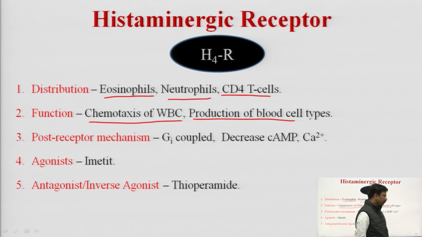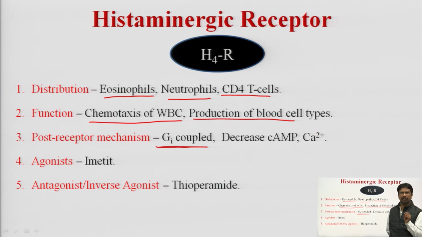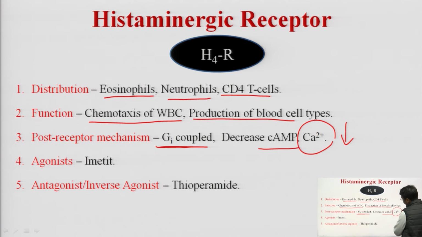What is the mechanism of action? Here the inhibitory Gi protein is responsible for the post receptor mechanism, and it decreases cAMP, which later also decreases the calcium influx.